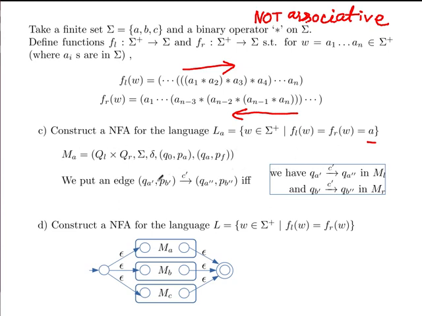So here the states are pairs of states, right? A pair of states is mapped to a pair of states on some symbol. So this symbol makes this transition from this pair of states to this pair of states.